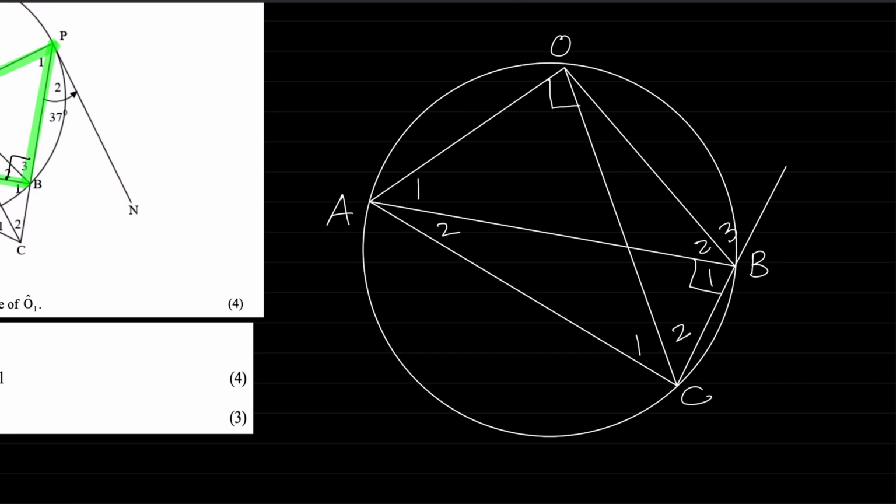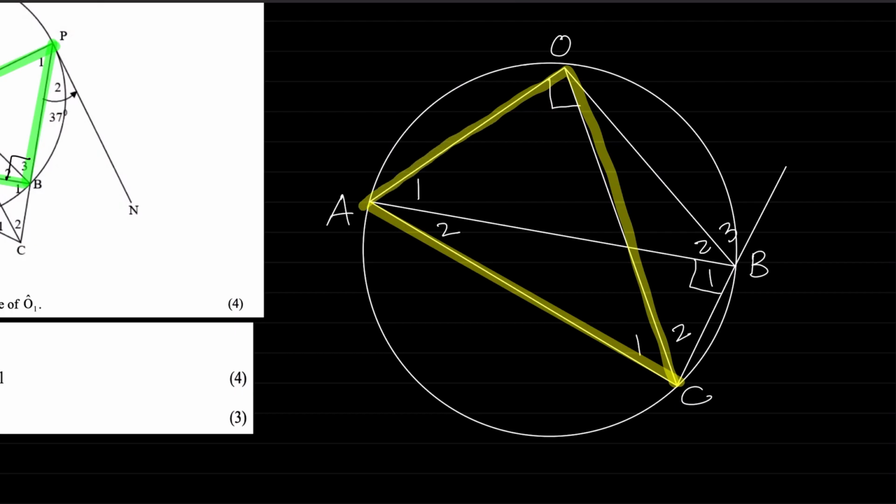Now, it's not drawn to scale, but it's just to give us an idea. Now, all we need to do is look for a very specific theorem here that's going to help us to prove that this is a cyclic quad. And the theorem is, let's focus on this chord here. That chord subtends 2 angles. This angle right here and this angle right here. That's the angles in the same segment.